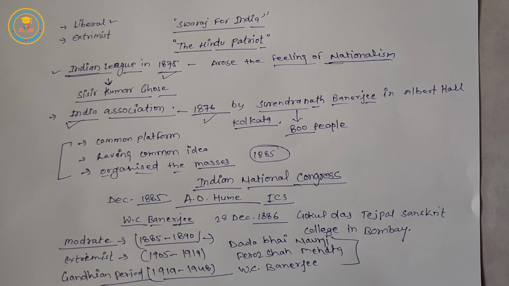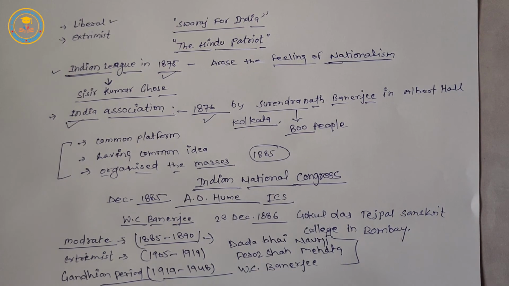In the Surat split in 1907, the INC divided into two parts, moderate and extremist. In 1906, the Muslim League was formed, and in 1916, the Lucknow Pact was made.